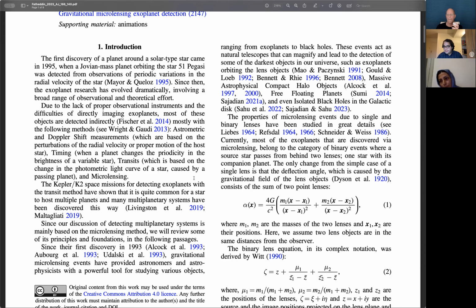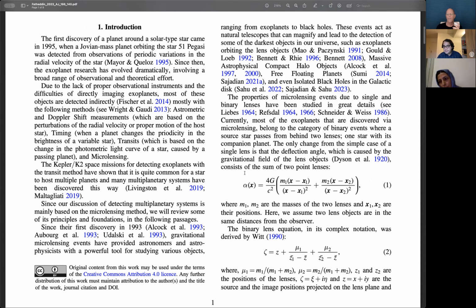And microlensing is a very powerful method for discovering dark objects like MACHOs, massive astrophysical compact halo objects, exoplanets, and isolated stellar mass black holes. It's also powerful enough to detect analogs to every planet in our solar system, except Mercury, which has a very small orbit and a very low mass.